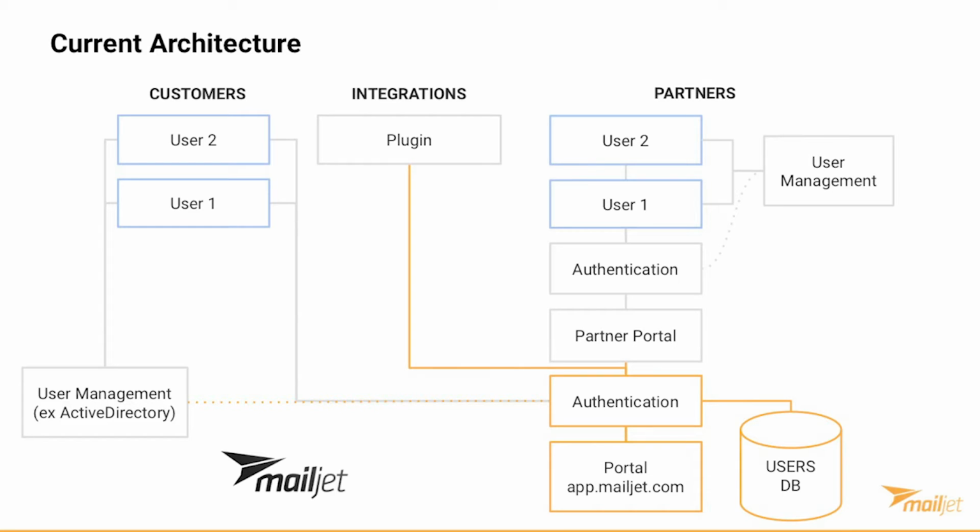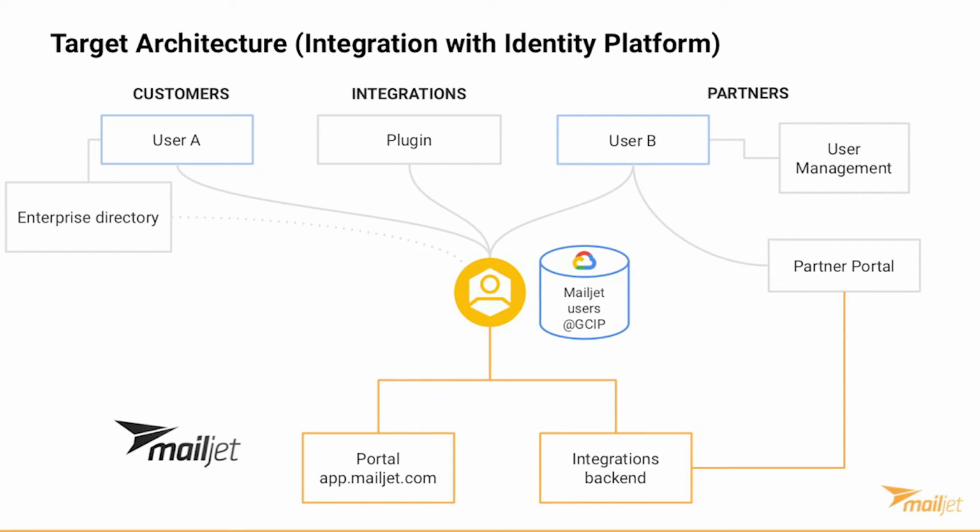So if we go to the target architecture, the system is much simpler. We just have to integrate with identity platform SDKs, host our user database at Google, and create connectors between our partners and Google's authentication system.